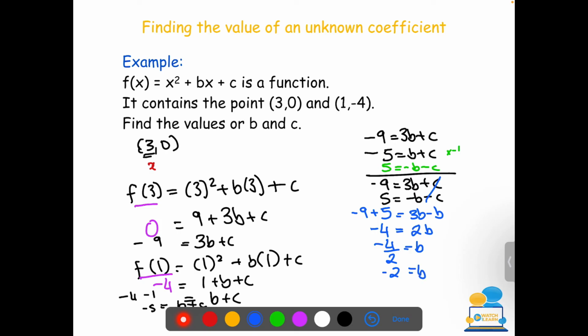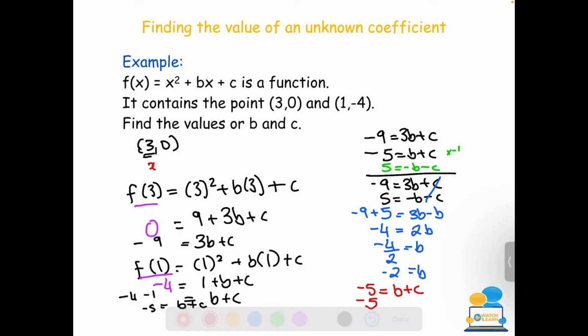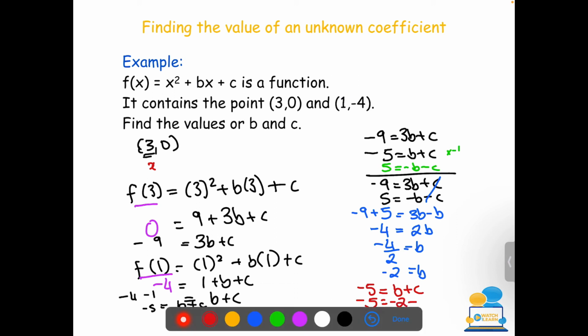How do we find c then? We're just going to sub b into one of our linear equations. So if I have minus 5 is equal to b add c, I know that b is minus 2. Minus 5 is equal to minus 2 add c. When my minus 2 goes over, it becomes a plus.